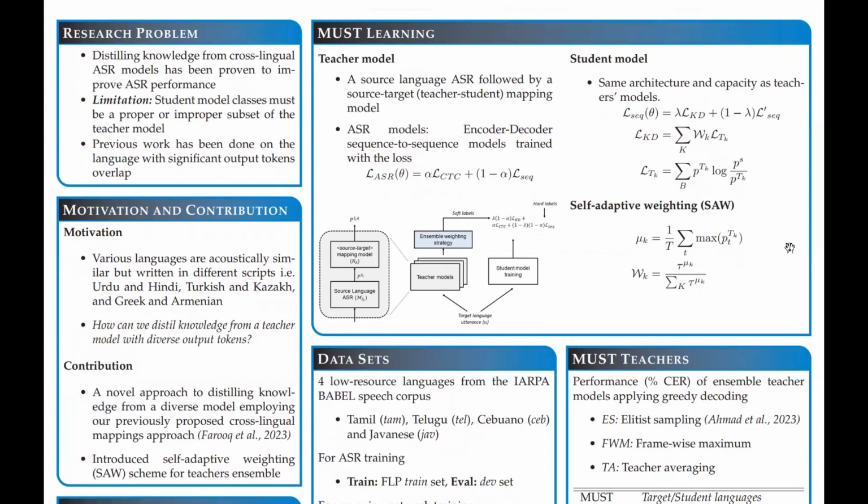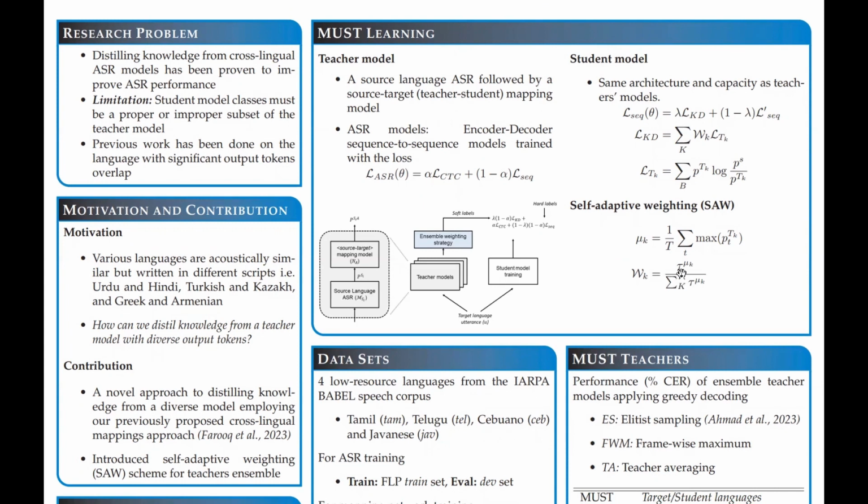What we do is, for one given utterance, we take the maximum value of the posterior for all the frames, and we take the average of these. Then the weights are calculated using this equation, which assigns weights based on this mean maximum value.